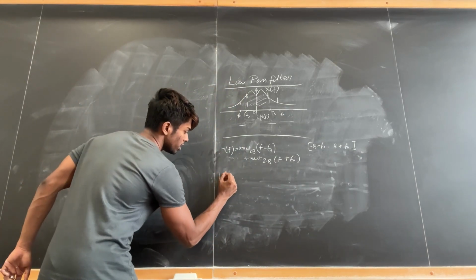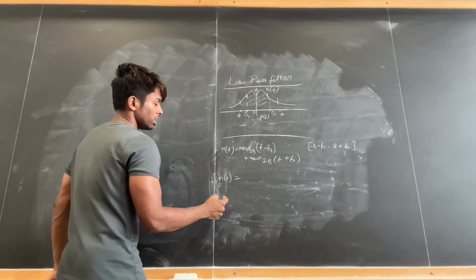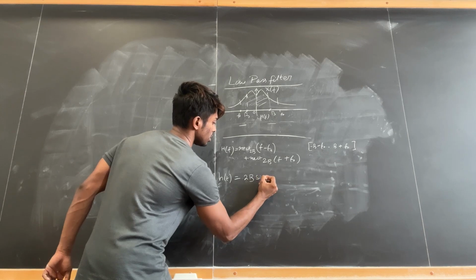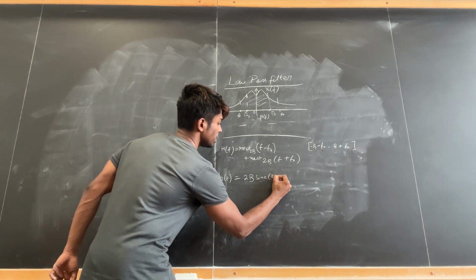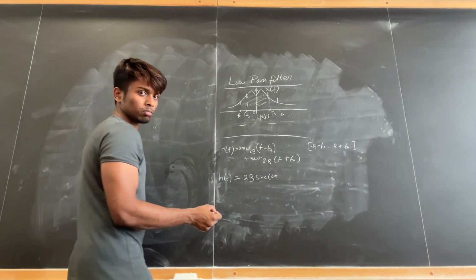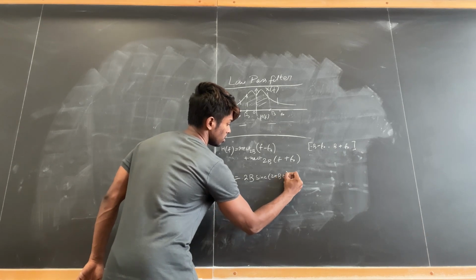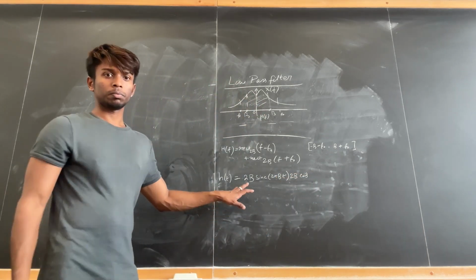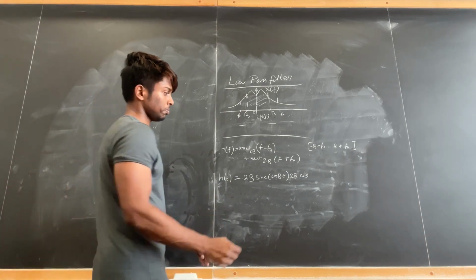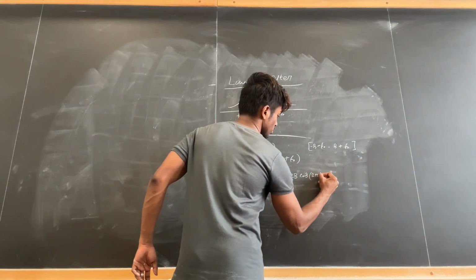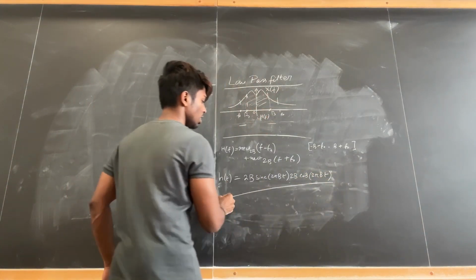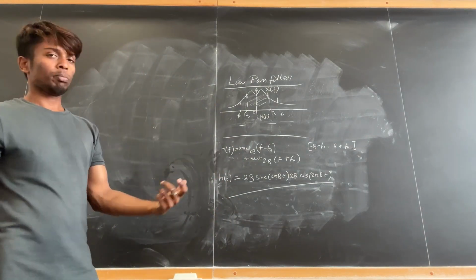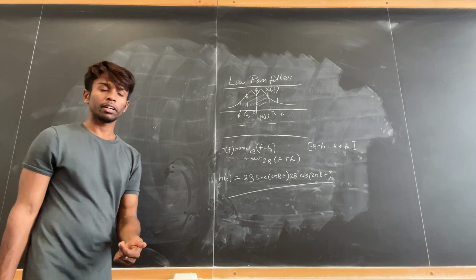Doing an inverse Fourier transform, h(t) is equal to 2B sinc(2πBt) times 2 cos(2πf0t). So this is how systems can be designed to create low pass filters, high pass filters and band pass filters.